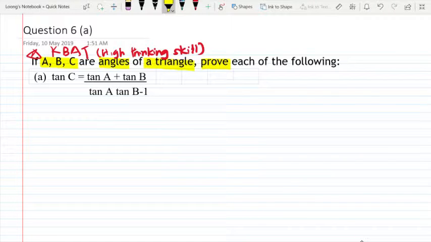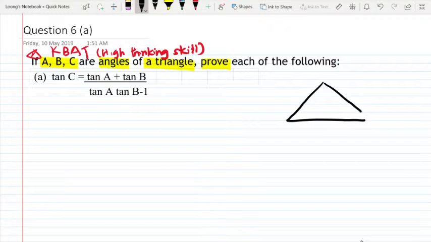So to start off, what we need to do is actually try and imagine a triangle. So usually a triangle has angles A, C, and B. And the total of these angles is usually 180.